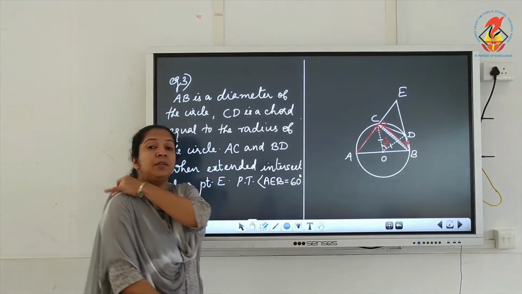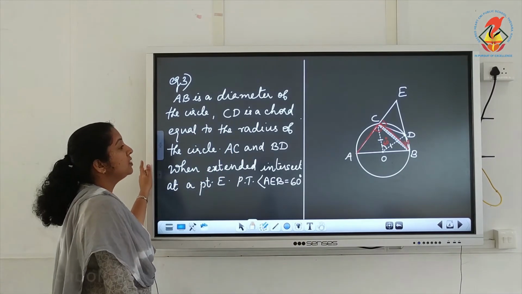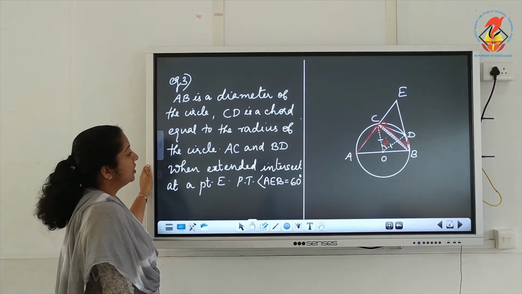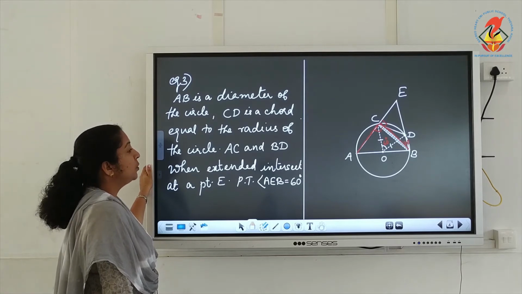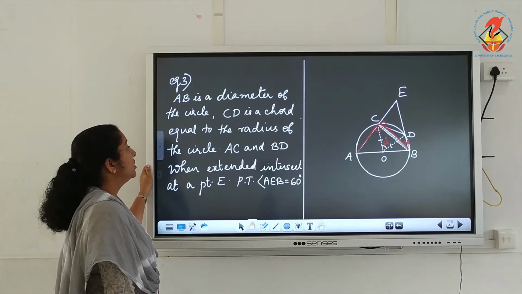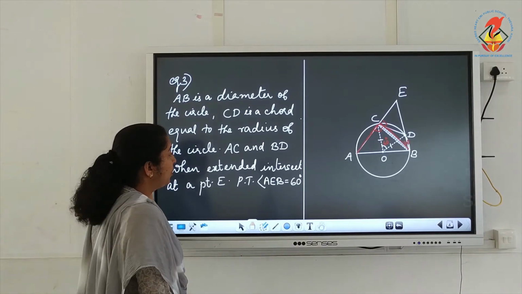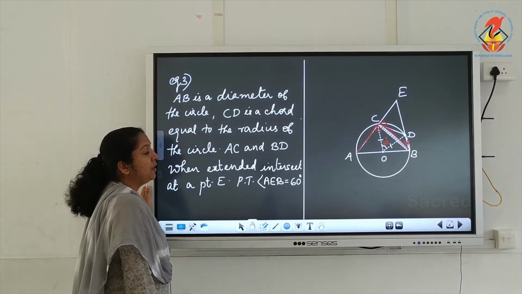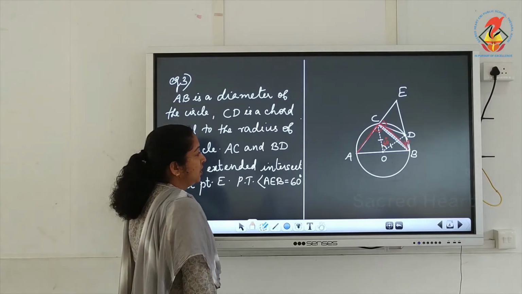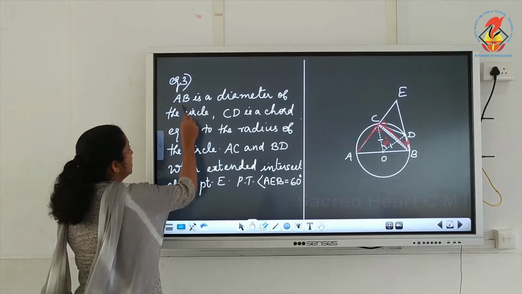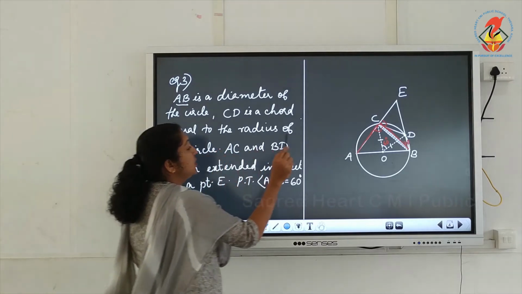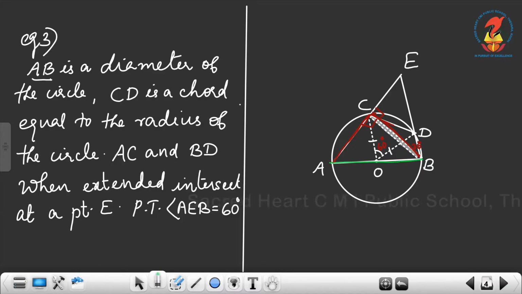Next, example 3. AB is a diameter of a circle. CD is a chord equal to the radius of the circle. AC and BD when extended intersect at E. Prove that angle AEB is 60 degrees. So what is given is AB is the diameter and CD is a chord equal to the radius.